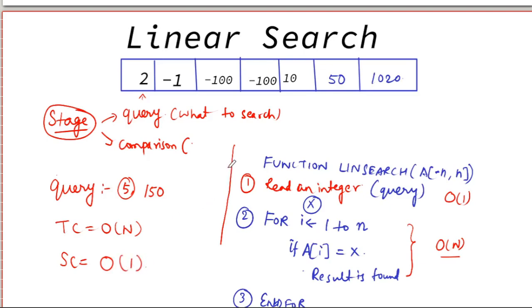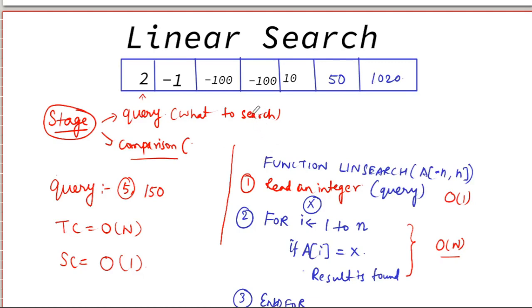Now, the idea of linear search is clear, but can we make it more efficient? What can be improved in the search stage? The query cannot be improved. The only thing that can be improved is the comparison. What if the number of comparisons is reduced? In that way it will become more efficient to use.